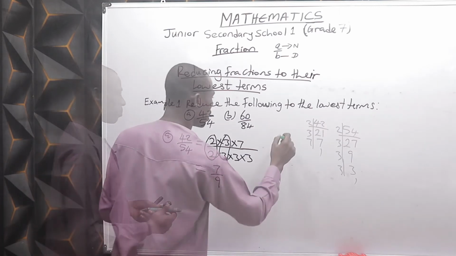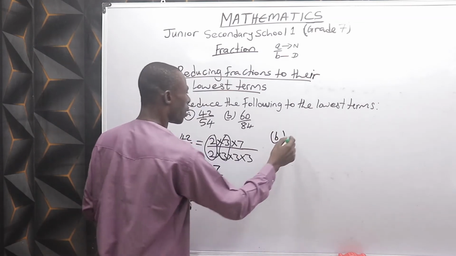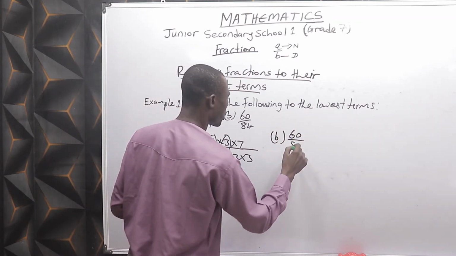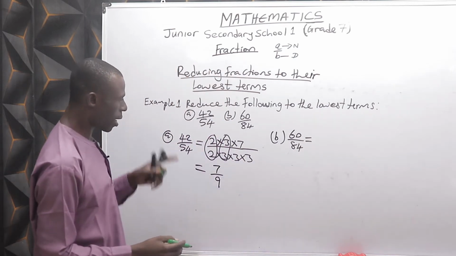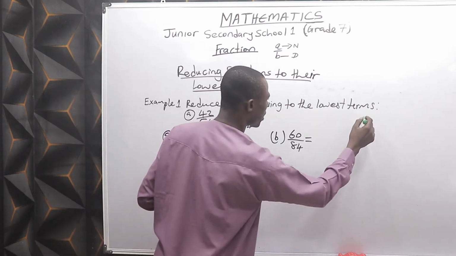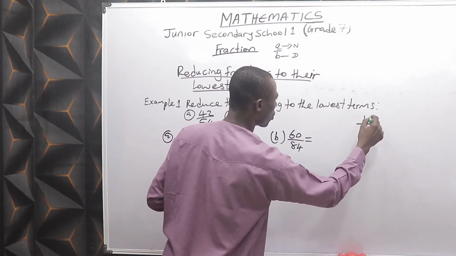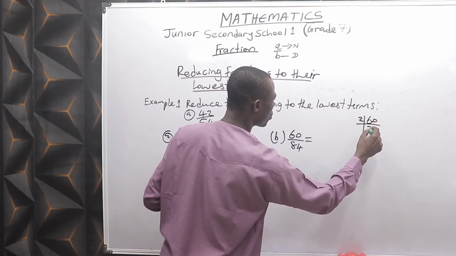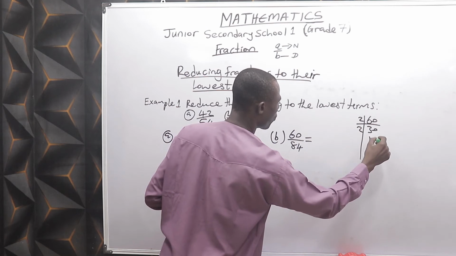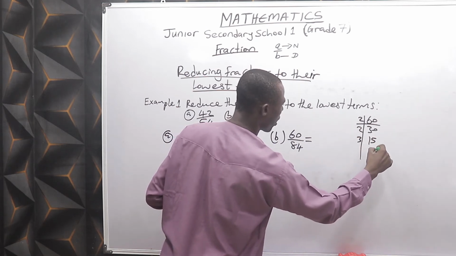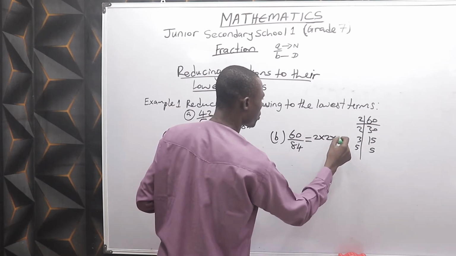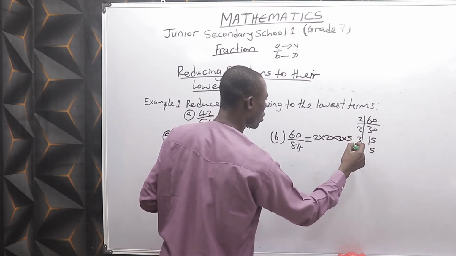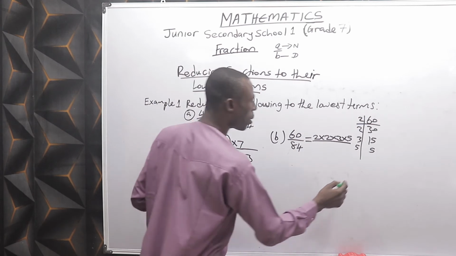Question B. In answering this B, I write 60 over 84. To its lowest term, break 60 into factors. 2 in 60 is 30, 2 in 30 is 15, 3 in 15 is 5, 5 in 5 is 1. So we have 2 times 2 times 3 times 5 all over.